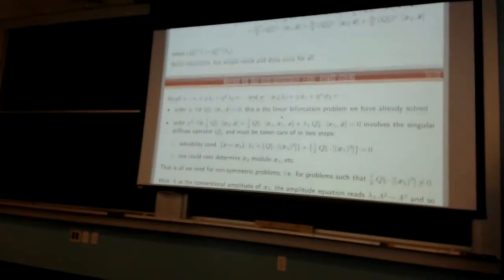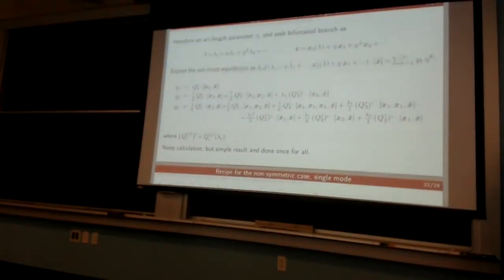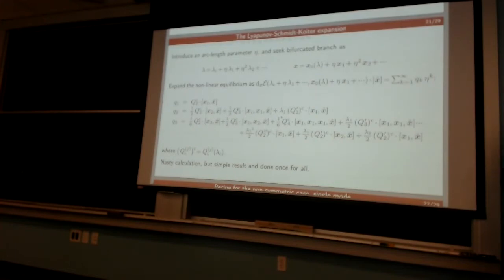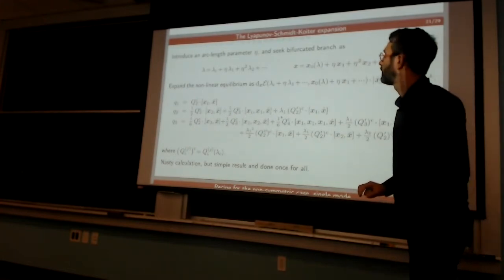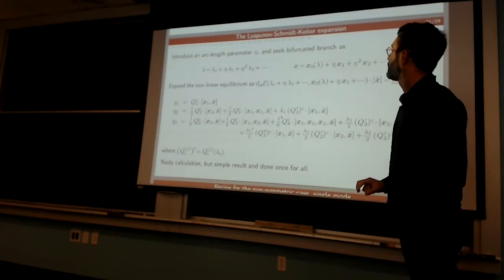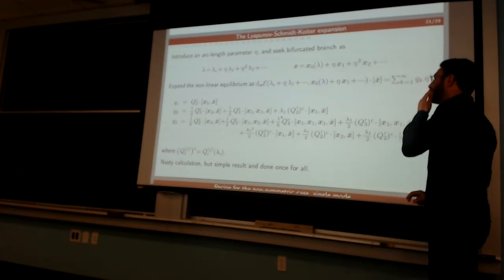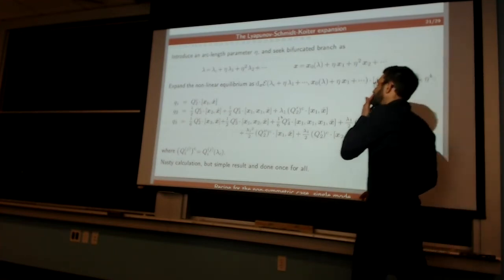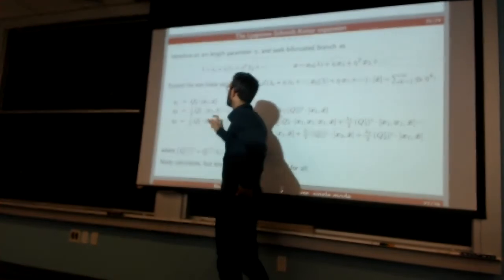Okay, now the branch could also be negative. Sorry? It could also be a negative eigenvalue here. What do you mean negative? Q2 could have a negative eigenvalue from that. Could go along an unstable branch. Yeah, definitely.